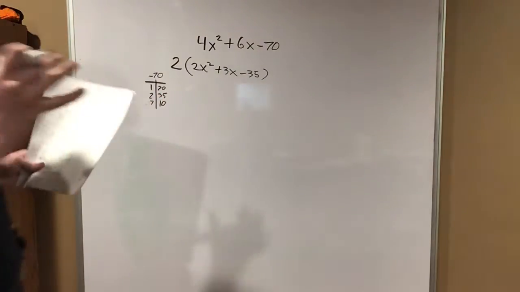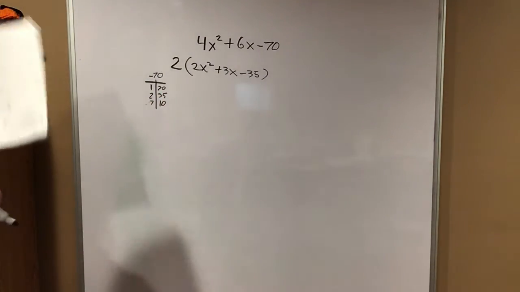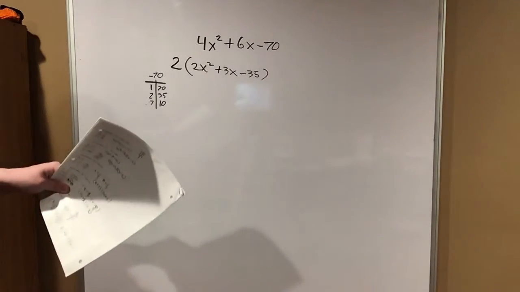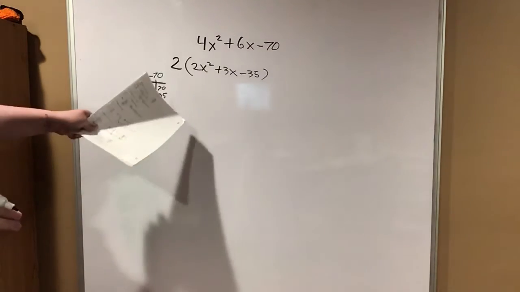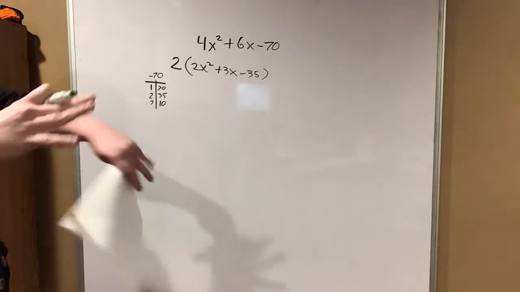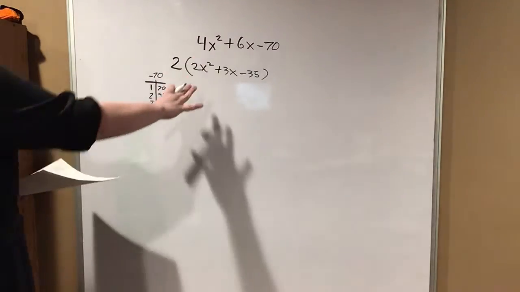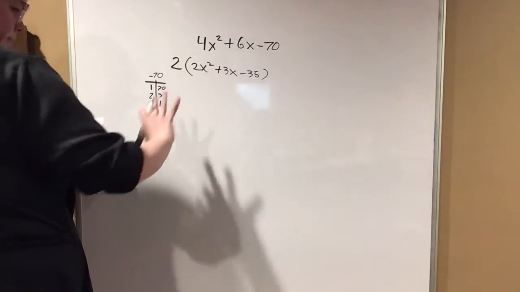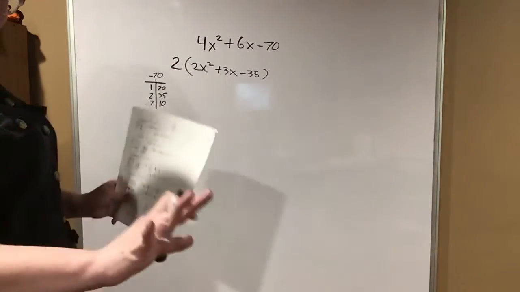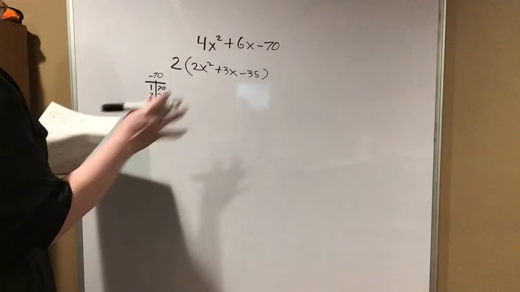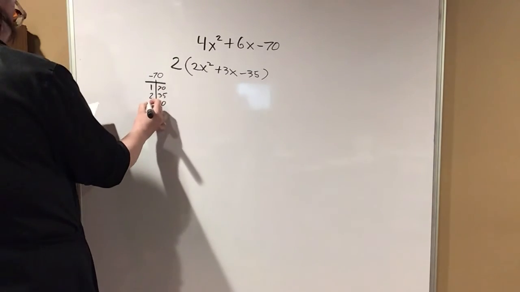So they have to add up to a positive 3, but multiply to negative 70. I'll show you what's happening, because this times this is this. It's a whole process. I'll show you what's going on, I promise. So once I get there, I know that this has to be a negative.